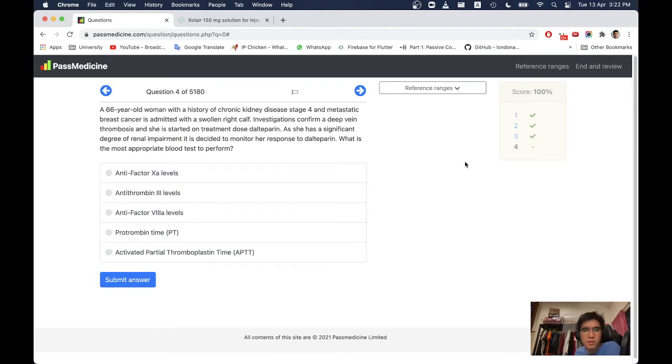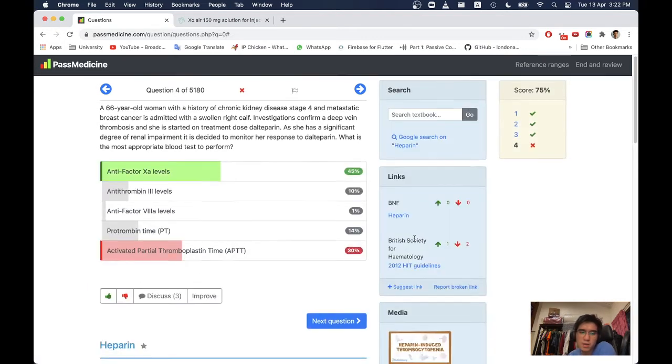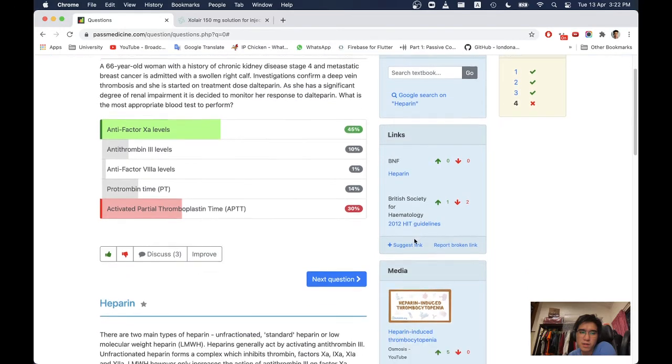What does antithrombin 3 work on? Can you actually measure antithrombin 3 levels? Not APTT. Answer is anti-factor 10A levels.